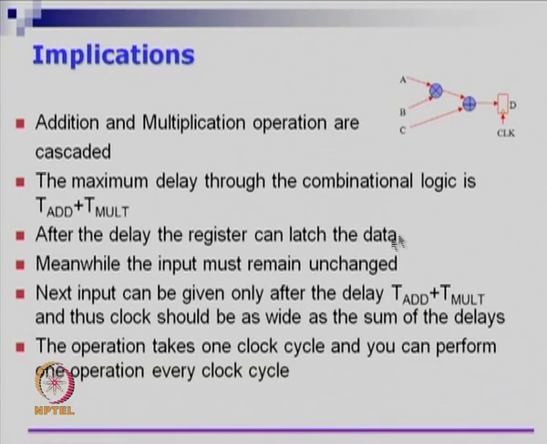So after that delay, the register can actually register the data, but meanwhile you want to keep the input stable so that this will not change or upset this flip flop. So the next clock pulse we have to give only after T add plus T mult. So remember, we did this sequential circuit timing analysis in probably week 5, I believe. So this operation takes one cycle and you can give one set of inputs in every clock cycle. So all of that is probably very clear to you.